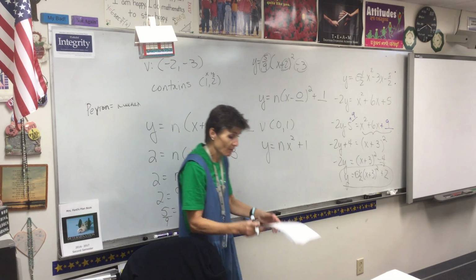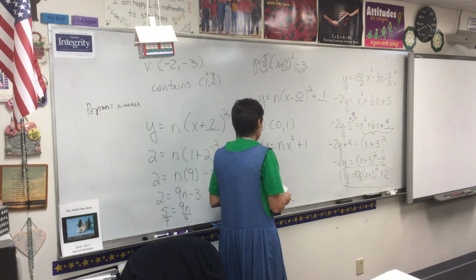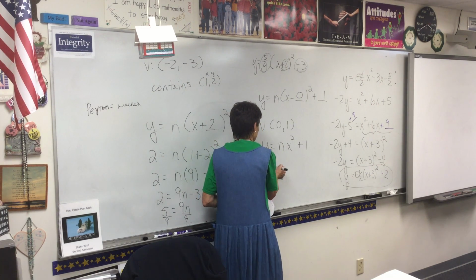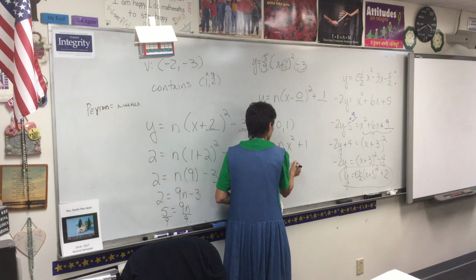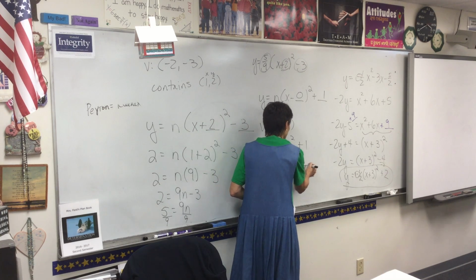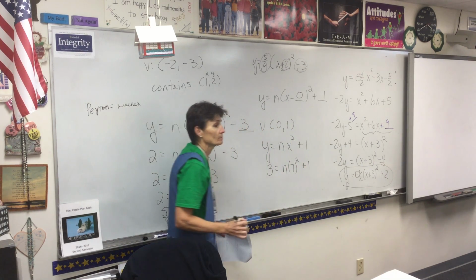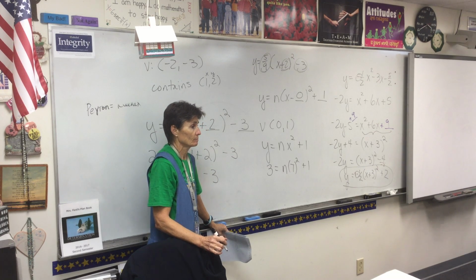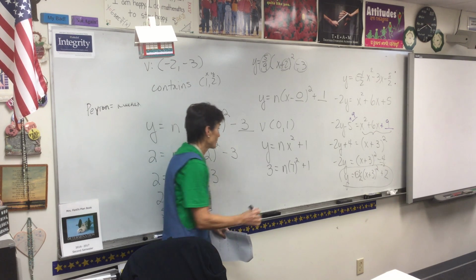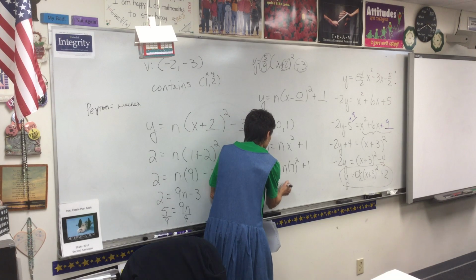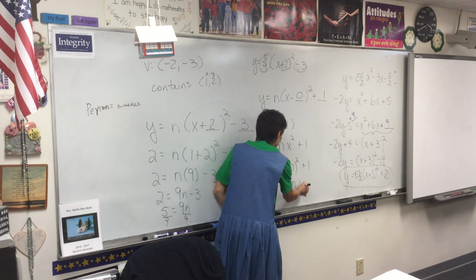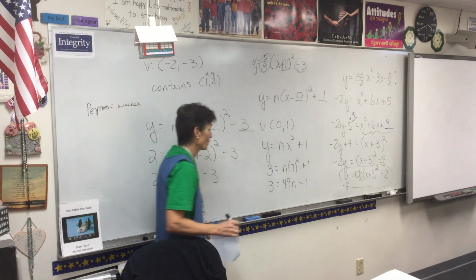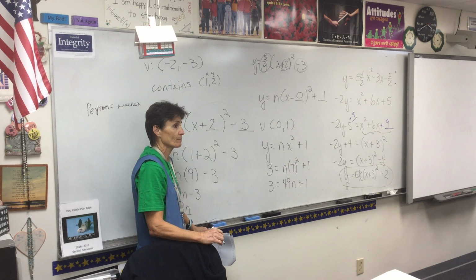They gave me this other point, which was 7, 3. So 3 goes in for y, and 7 goes in for x. So I have 3 equal to 49n plus 1. 7 squared, 49n plus 1.